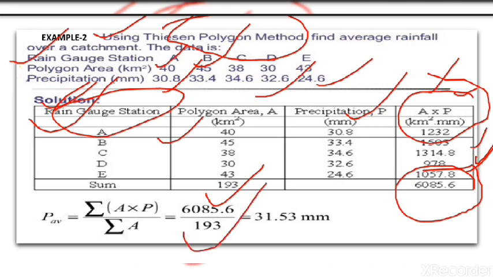So the summation of AiPi divided by the summation of Ai becomes 31.53 mm. So in this case our mean rainfall, or mean precipitation, or average precipitation, is 31.53 mm.